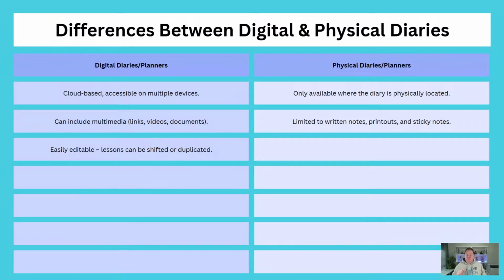It is one of the big benefits of a digital planner, being able to move that rather than having to write it out, cross it out, and rewrite it in a new spot in a physical diary. Obviously, as we've just alluded to, if we have a physical diary and we do have changes, we have to make those manually.